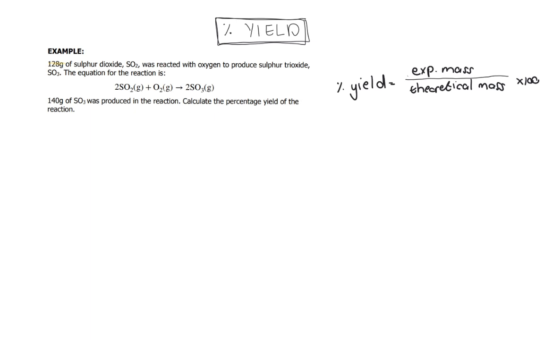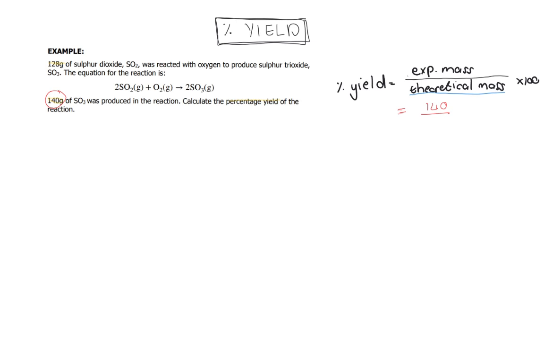So 140 grams of my sulfur trioxide was produced in the reaction, and I should calculate the percentage yield. That one they should always give me, because I'm not in the lab to know what the value is that you got out, but you can determine a theoretical value, and that is what we are going to determine now with our mole calculations, with our mole steps.